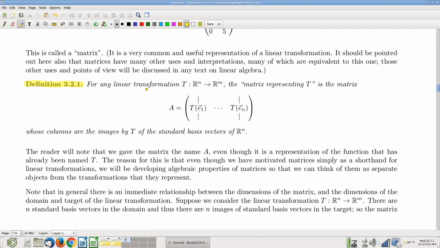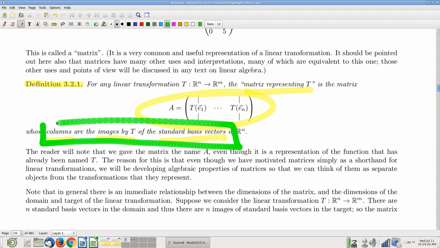Okay, so a matrix represents a linear transformation by its columns being the images of the standard basis vectors. That's our definition that we're going to go with. So, two big things to remember. For one thing, it's a shorthand representing a linear transformation. Secondly, and this is a big deal, we're going to use it a lot: the columns are the images of the standard basis vectors.